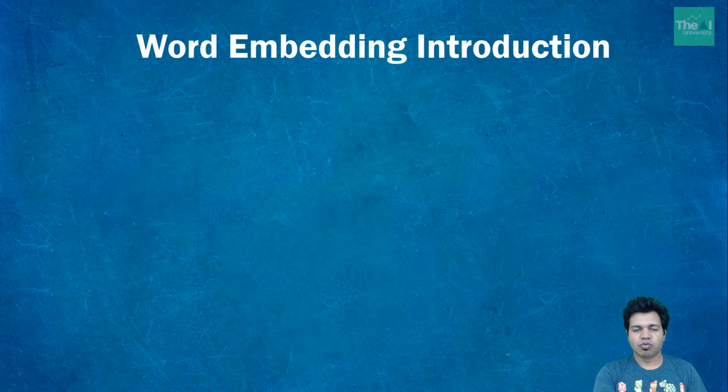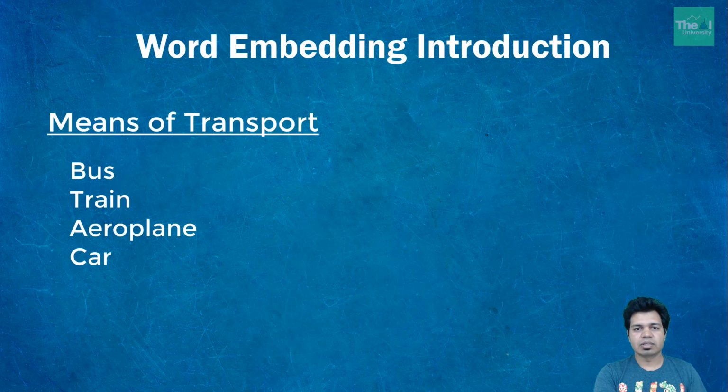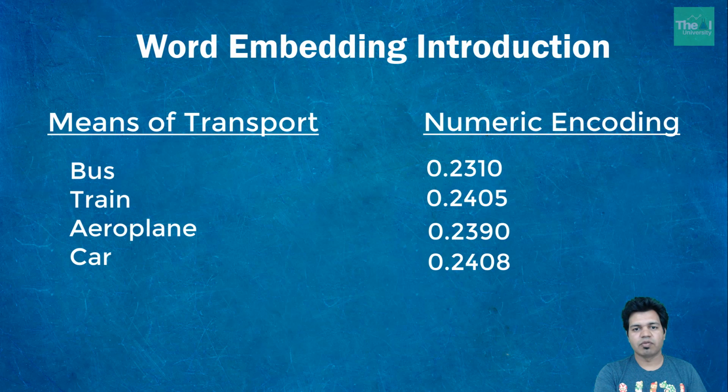If you visualize these numeric encodings in n-dimensional space, you will find that encodings for these food items are very close together. Similarly, encodings for similar words like bus, train, aeroplane, car, which are means of transport, will be close together as well.